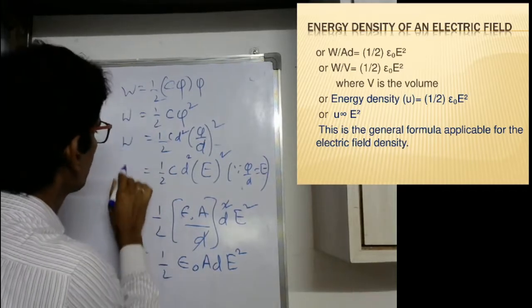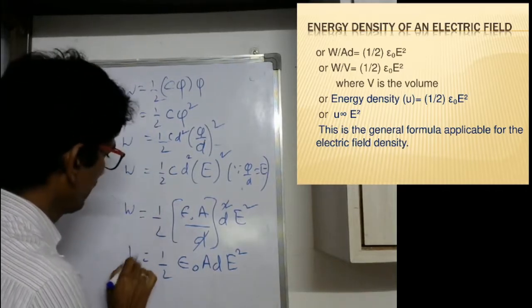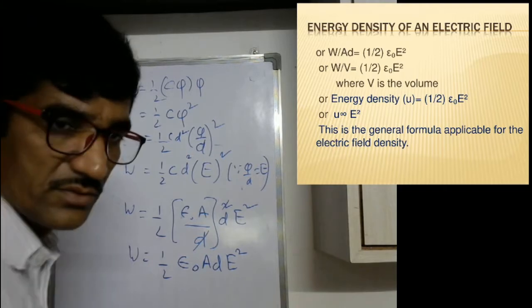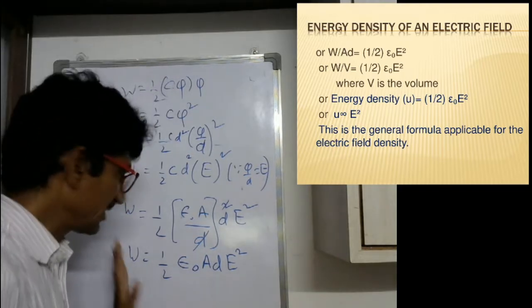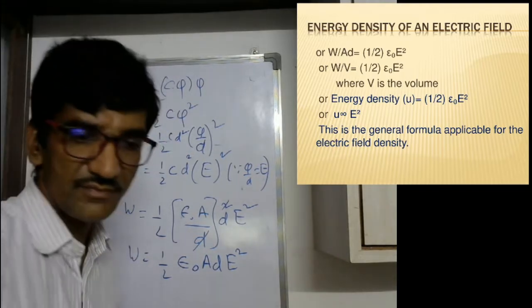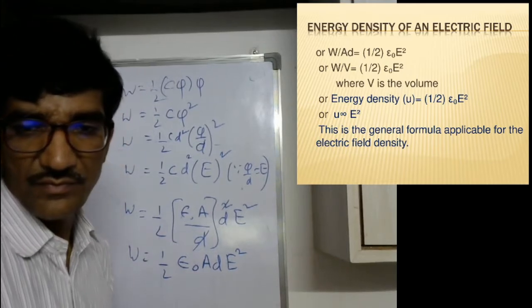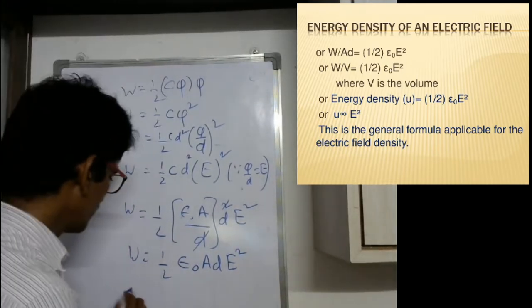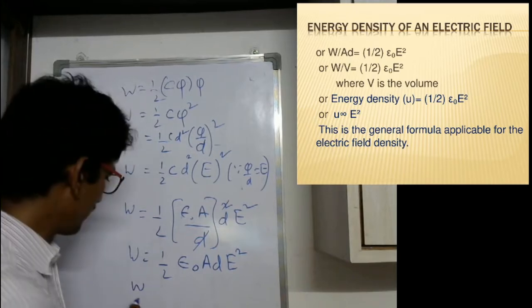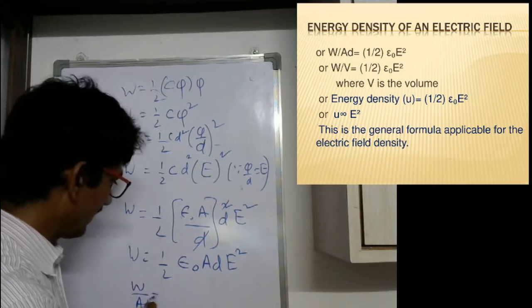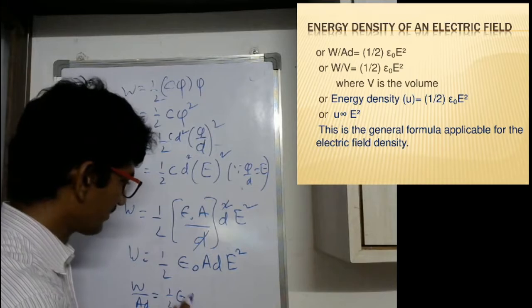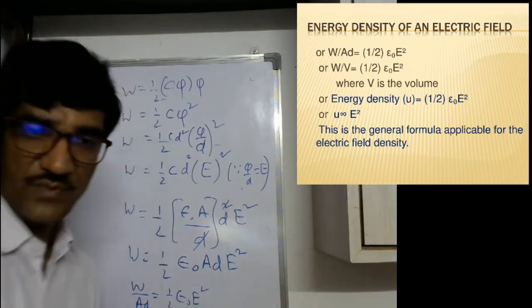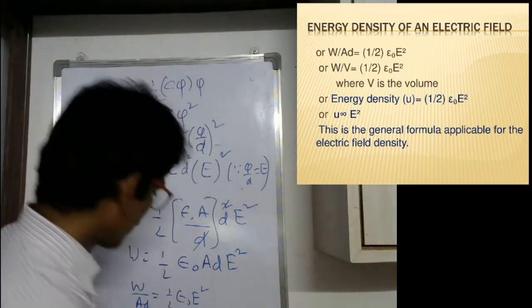What is this? This is W. Now you take this AD to this side. Then W by A D is equal to half of epsilon naught E square. What is AD?